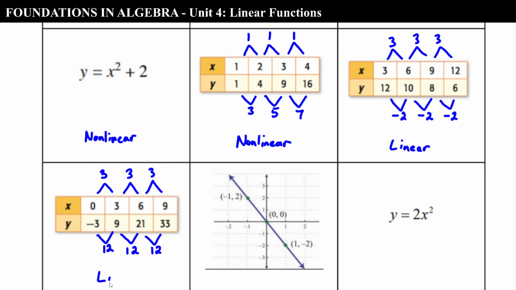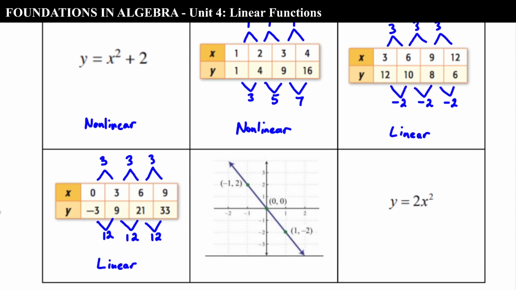So this one is linear. And the key here is that our change in y, which is 12, over our change in x, which is 3, is 12 over 3, which is 4. We want that ratio to be the same all the way through. Every change between 2 points needs to reduce down to 4.